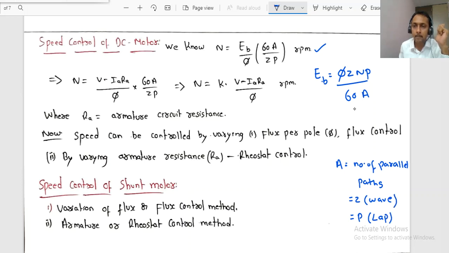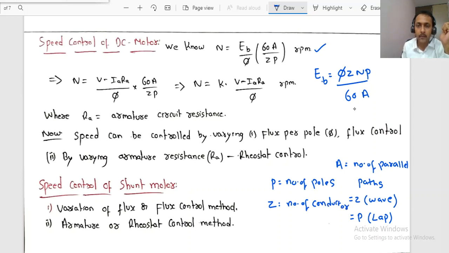P indicates the number of poles. Phi, the flux, we have already discussed. Z indicates the total number of conductors.